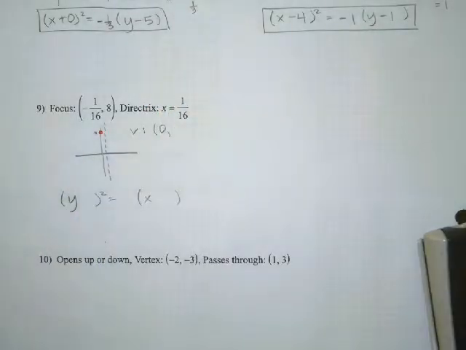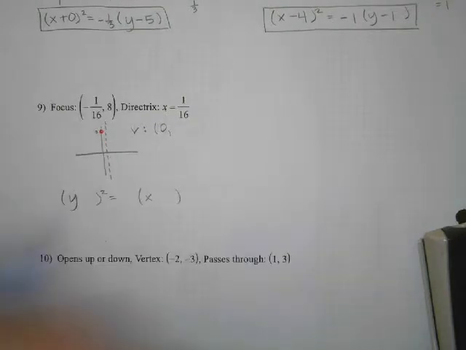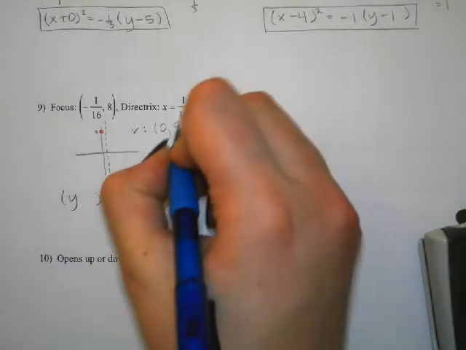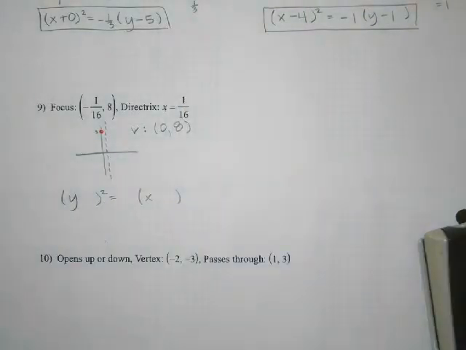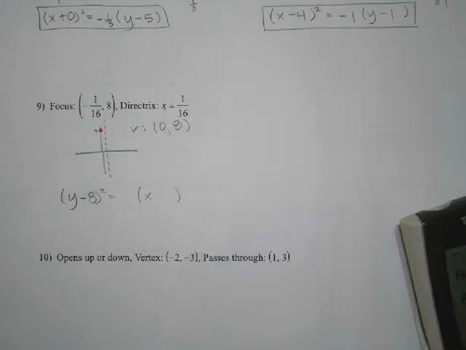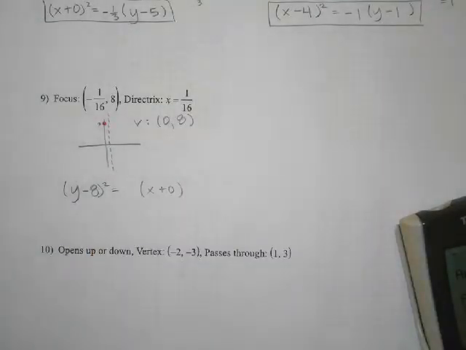What's the y coordinate of the vertex? 8. Yep, it's right up there at the same spot as the focus, so it has a y coordinate of 8. Okay? So how do we put that in our parentheses? y minus 8, yep. And then the x you can put plus 0, or you can put minus 0, or you can just put a plain x by itself. Whatever you want to do with that is fine.